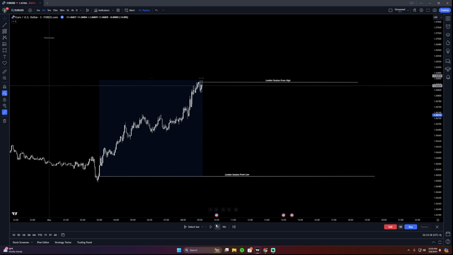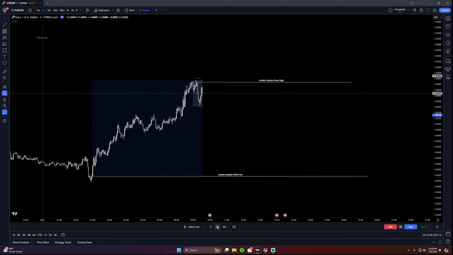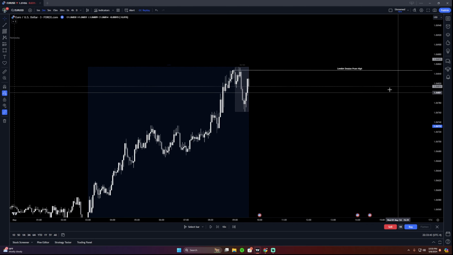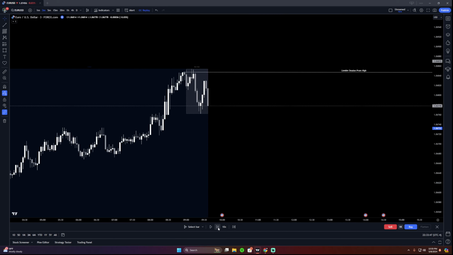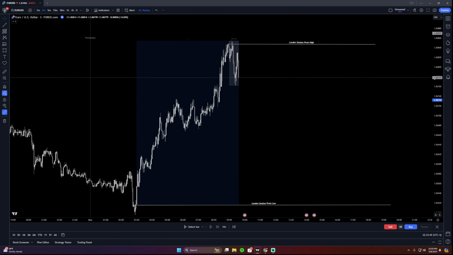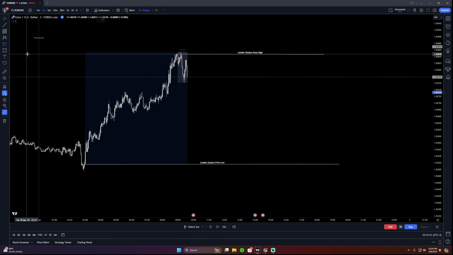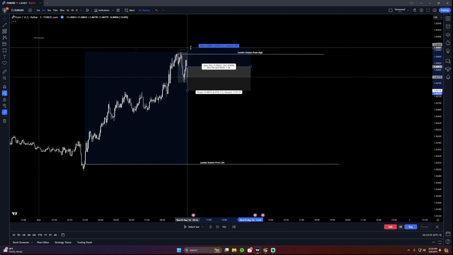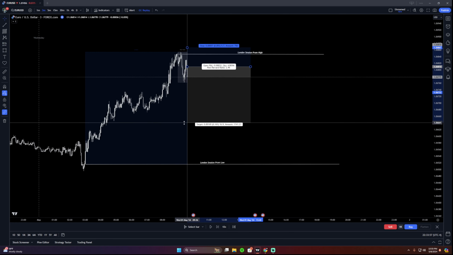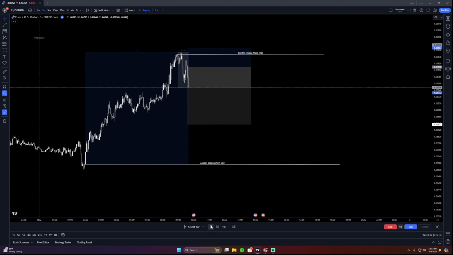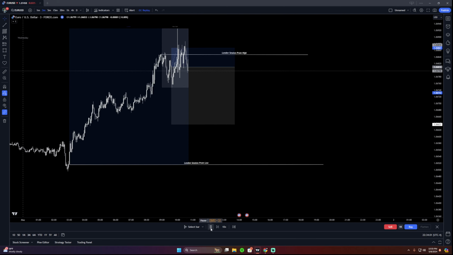High right there. Looking for a bearish fair value gap to get formed. See one gets formed. Well, if that closes bearish, we enter, which it does. Pretty sure this was a failing trade. Oh, we can get a 1 to 3, like right there. Yep, this was a failing trade.